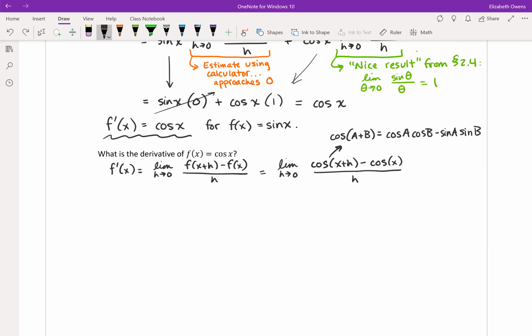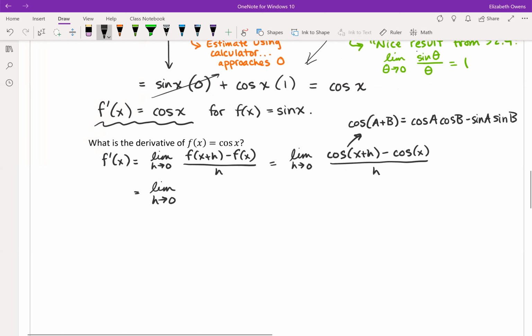So let's expand that term out a little bit here. We're going to have cosine x cosine of h minus sine of x sine of h.